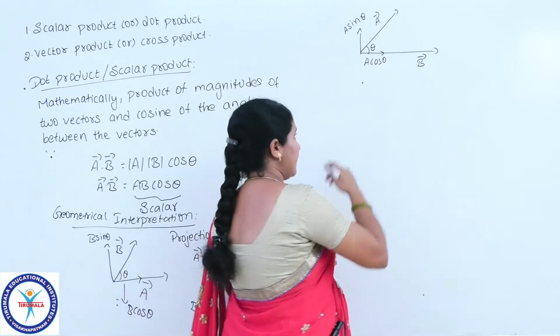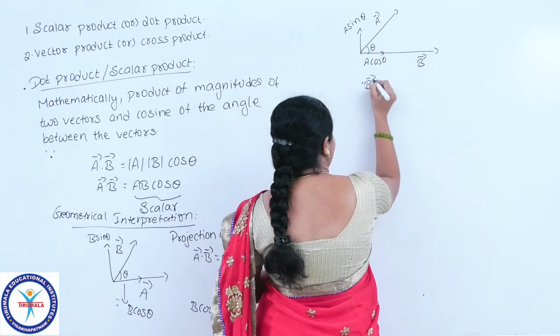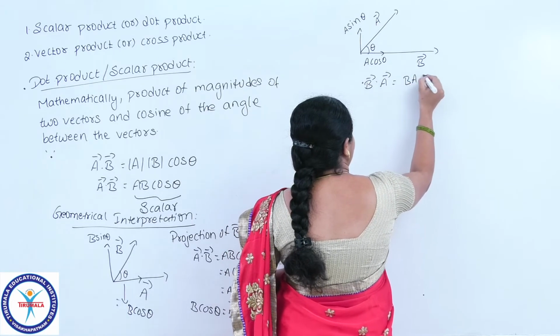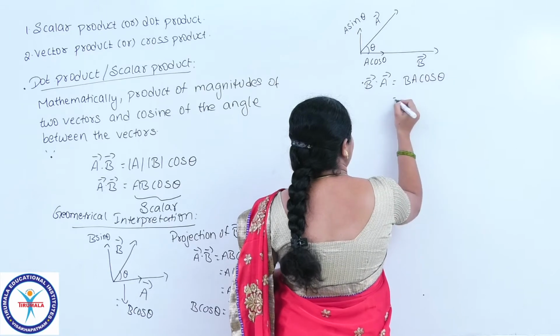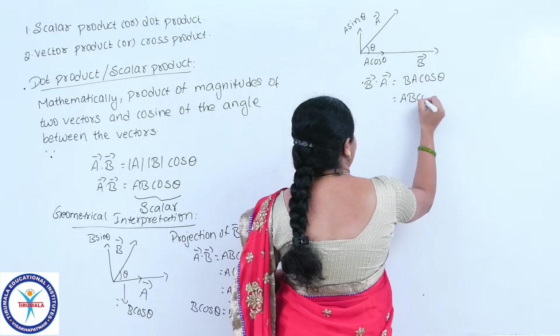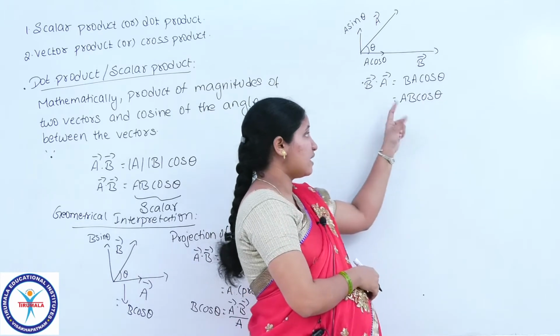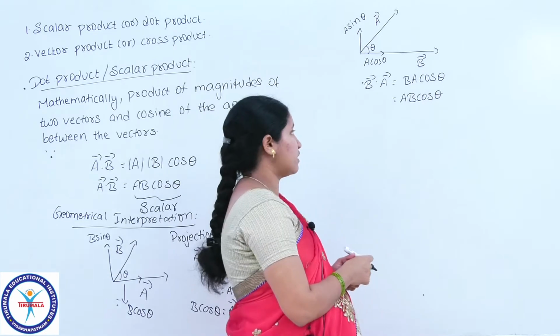So now I can write b bar dot a bar is equal to ba cos theta, which is nothing but ab cos theta.